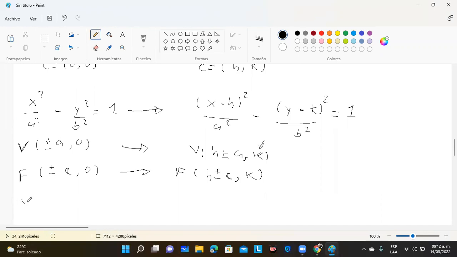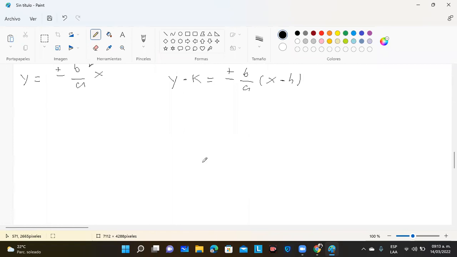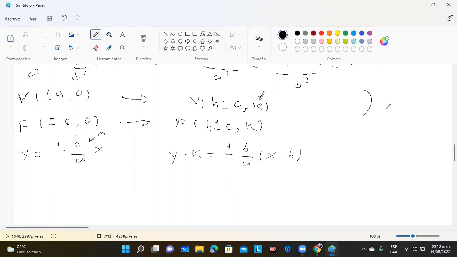Now, the equation for the asymptotes is going to be y equals plus or minus b divided by a times x. This is going to be the slope, remember? So it's rise over run. And when it shifts, we are going to have y minus k equal to plus or minus b over a times x minus h. Okay. So this is when the hyperbola opens right or left, okay?